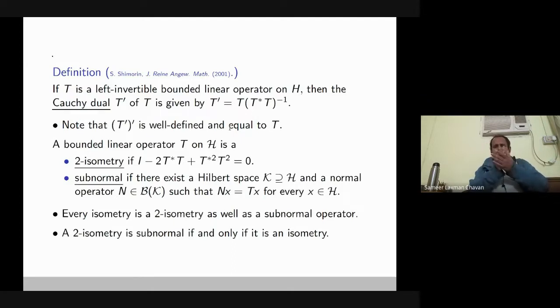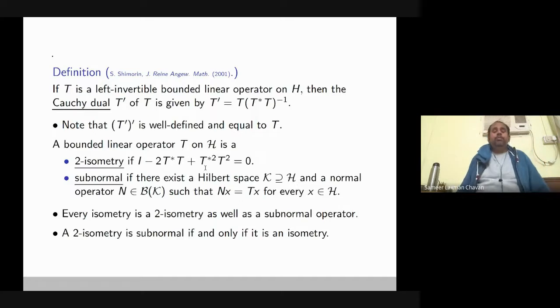In the case of an isometry, it is a constant polynomial, because T*T is identity, so T*ⁿTⁿ is also identity. So for a two-isometry, the moment is a degree 1 polynomial. And you can define an m-isometry also, where you expect the sequence of moments to be a polynomial of degree m minus 1, and so on.